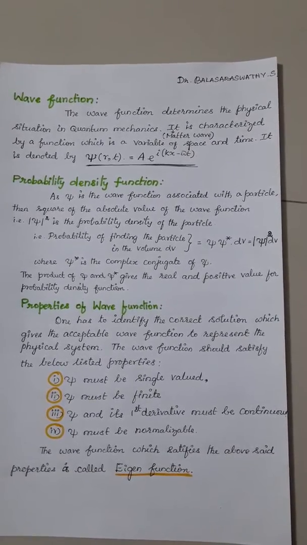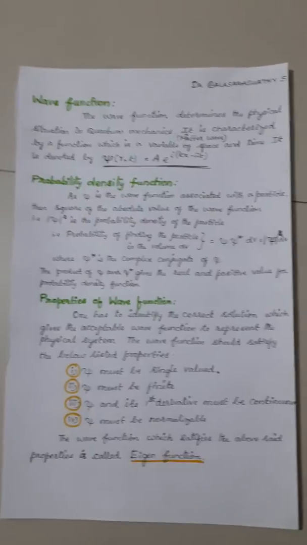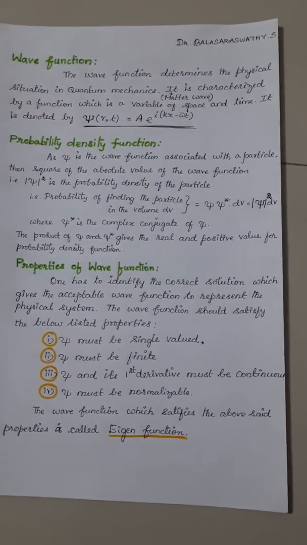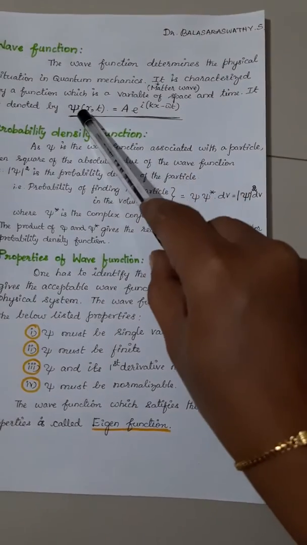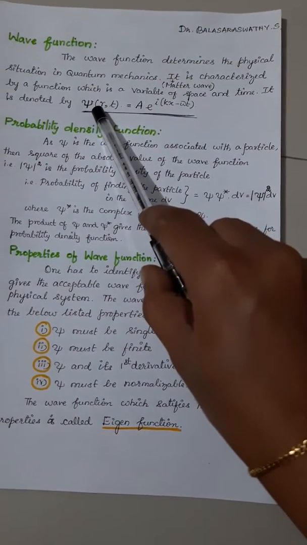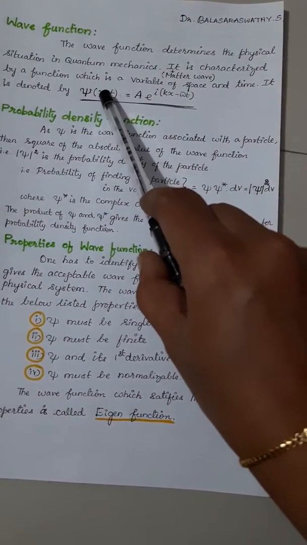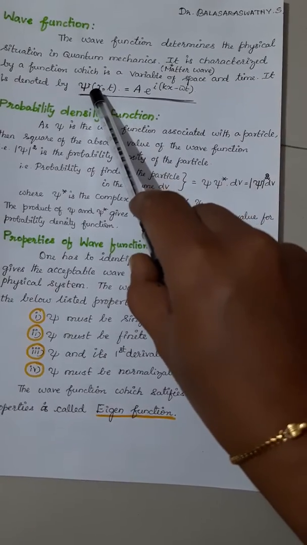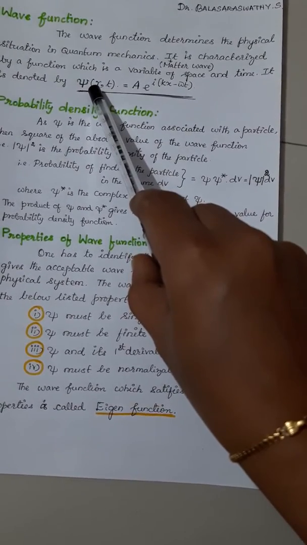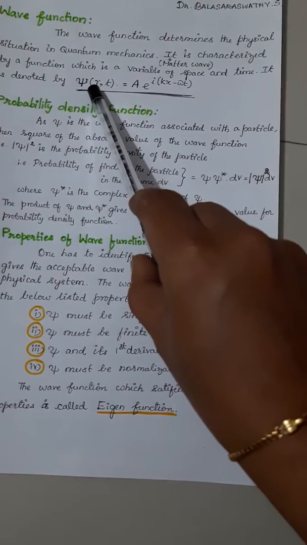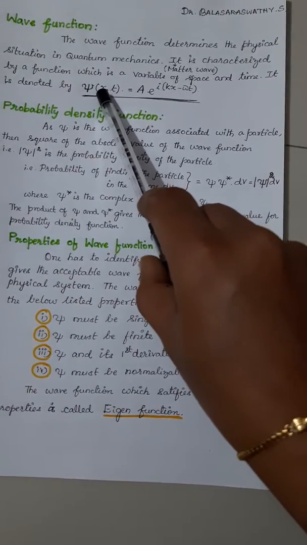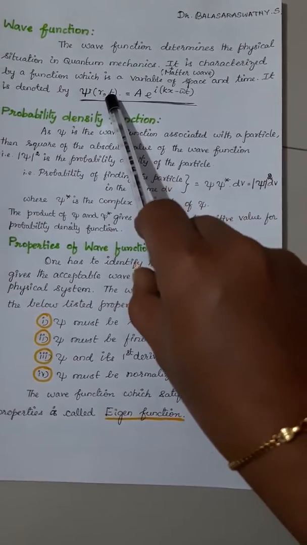It is denoted by the function psi, the wave function, which is a function of the position, that is x, y, z, the position of the particle, or we can say space, and the time coordinate.